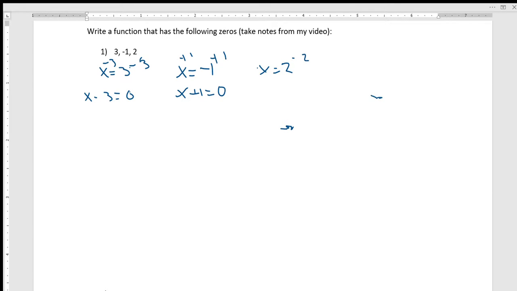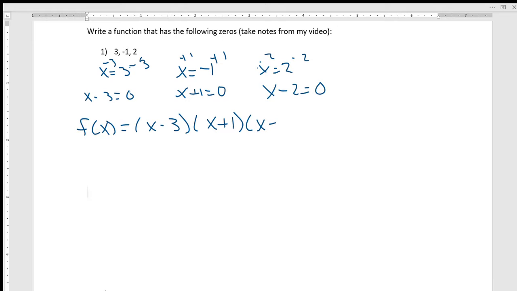And subtracting 2 from both sides, we'll have x minus 2 equals 0. These are our factors. So now we'll put them into an equation. F of x is equal to x minus 3 times x plus 1 times x minus 2.